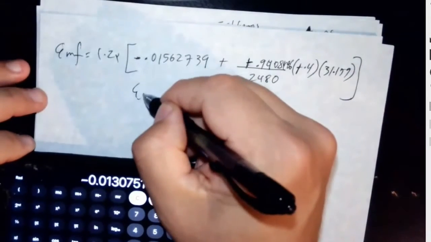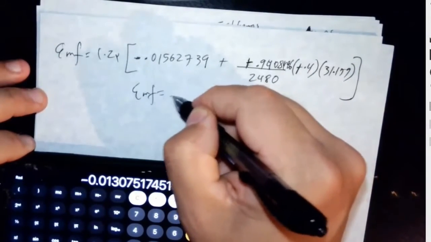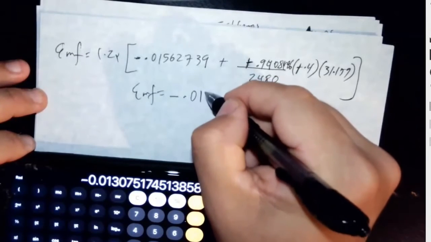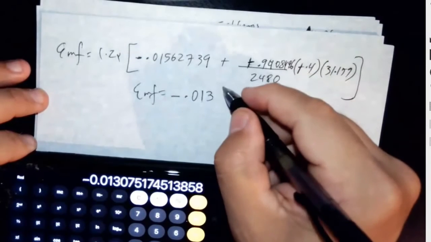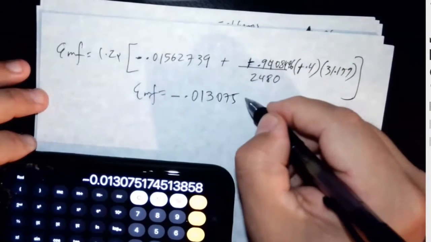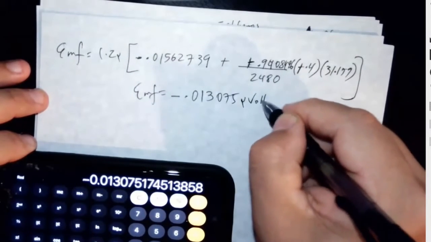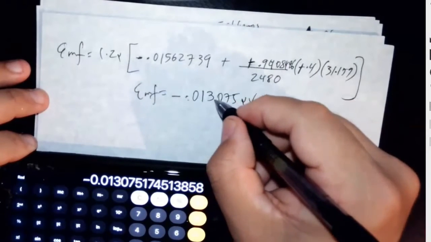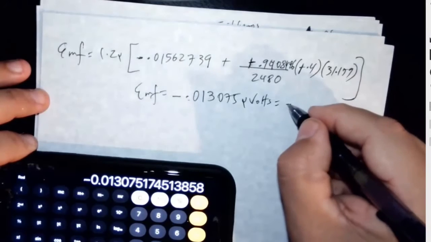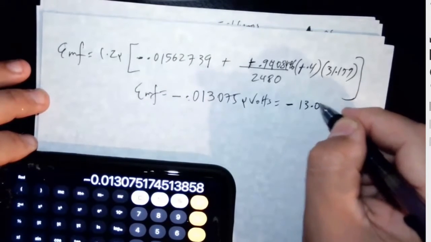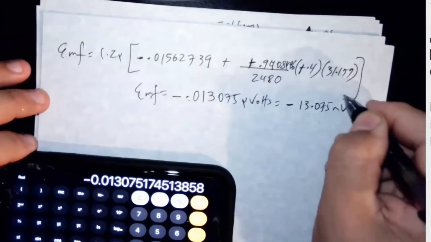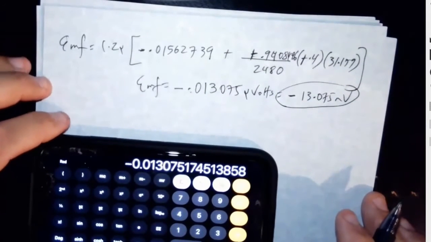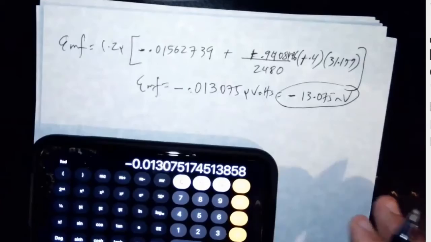Okay, so the EMF is negative 0.01375 microvolts, which I could change to nanovolts, which is better. 1, 2, 3. So negative 13.075 nanovolts.